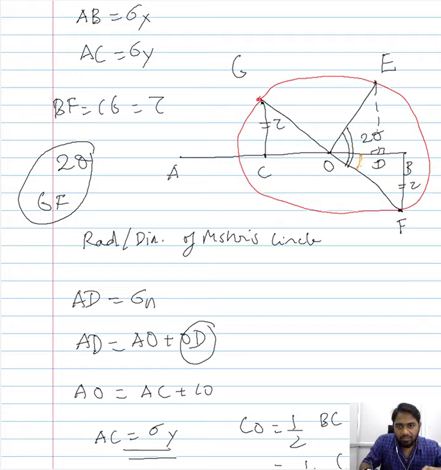So this angle, let us assume it to be alpha. If this is alpha, then the angle in blue here would be 2 theta minus alpha. So we have now included an angle alpha, and in the right angle triangle EOD, this angle here would be 2 theta minus alpha.